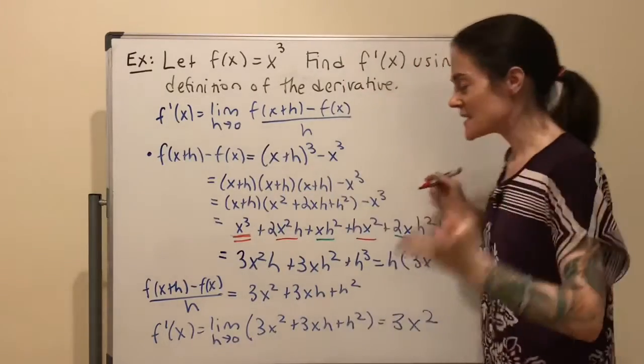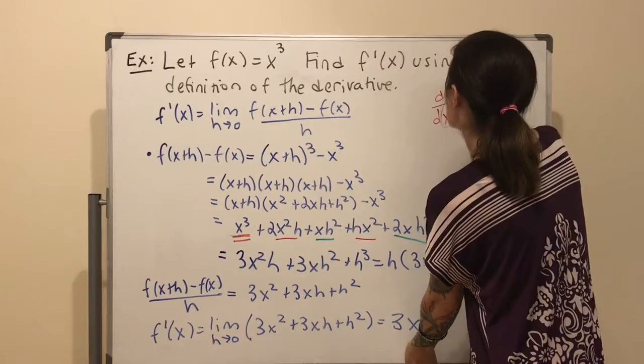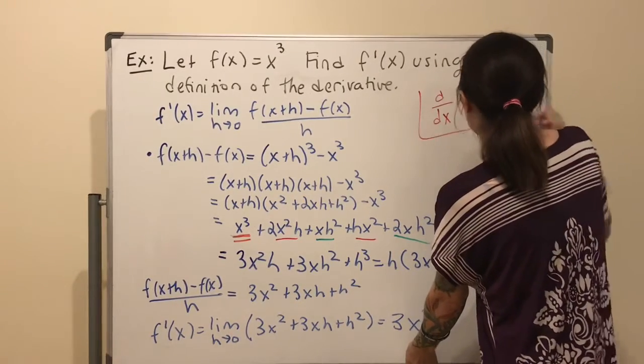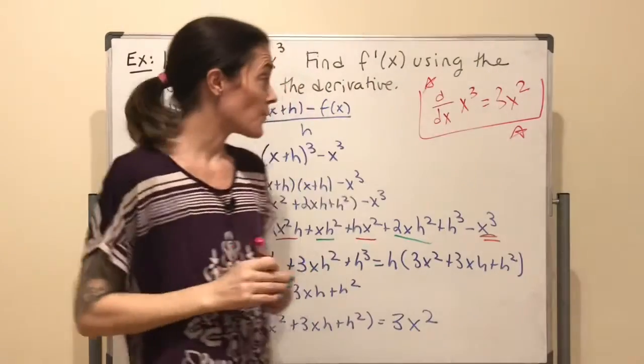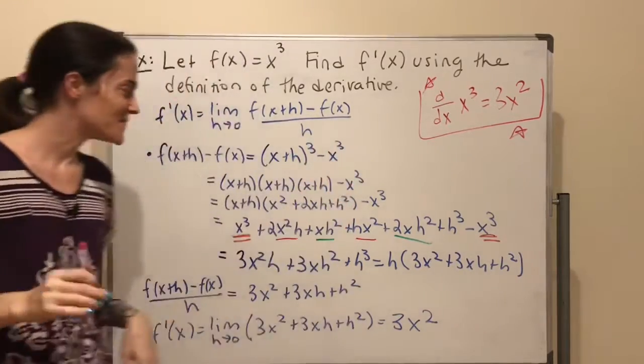We can add that into our catalog of functions that we have actually calculated the derivative for. Let me move out of the way. The derivative of x cubed is 3x squared.